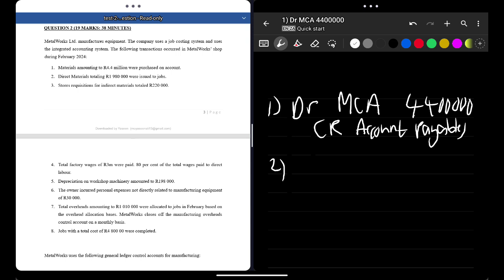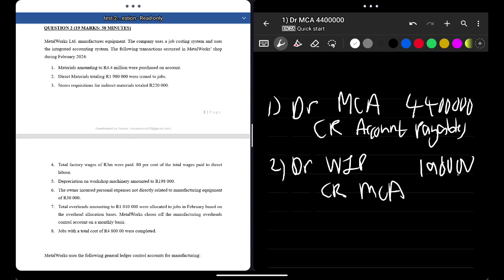As soon as I say direct material is issued out of it, right? You're going to debit work in progress, right? So debit work in progress. Credit, obviously, is going to be your material control account, right? And the amount 1.98 million. Now I'm not going to write the amounts, right? But you know what I mean. Now, if they told you it was indirect, it won't be debit work in progress, it'll be debit factory overheads, right?